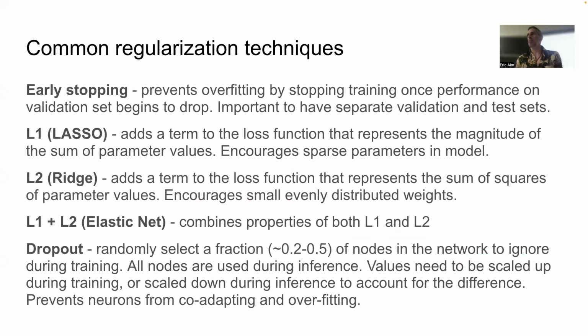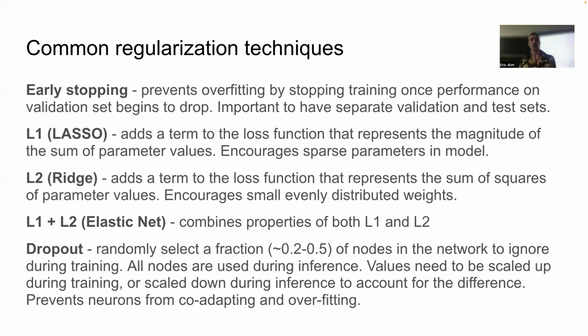But we can also put constraints on the model. One popular one is L1. That's where we take all the parameters in the model, take their absolute value, add them together, and then add that to the loss function with some constant.